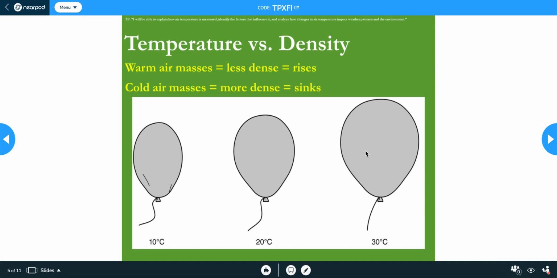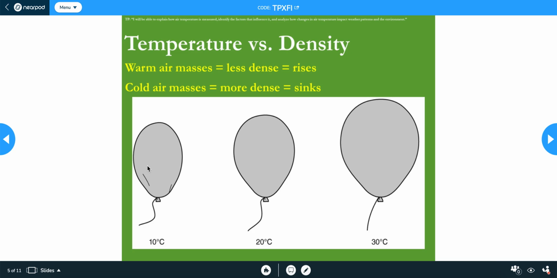Going back to those labs, our equation for density is mass over volume. So what changes here? It's the same mass, right? We're not going to be losing any air molecules in these balloons. Let's make it easier on ourselves.